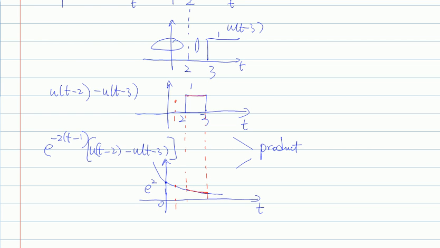Then the product of the two graphs will give you, between 2 and 3, the portion of this exponential up to here, which is basically this guy here.